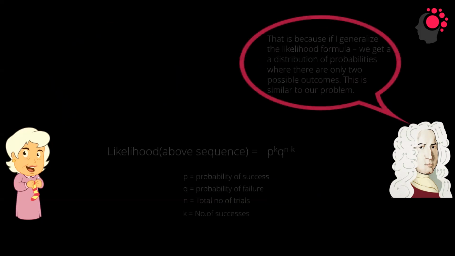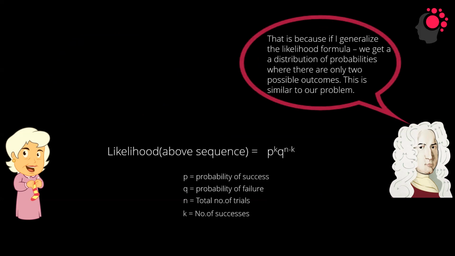And to which Bernoulli says, this is because if I have to generalize this formula for any event that has only 2 outcomes, one outcome is P, other outcome is Q, where P corresponds to the probability of seeing outcome 1, and Q corresponds to the probability of seeing outcome 2. We get a distribution of probabilities where there are only 2 possible outcomes, and this is similar to our problem. What is our problem?